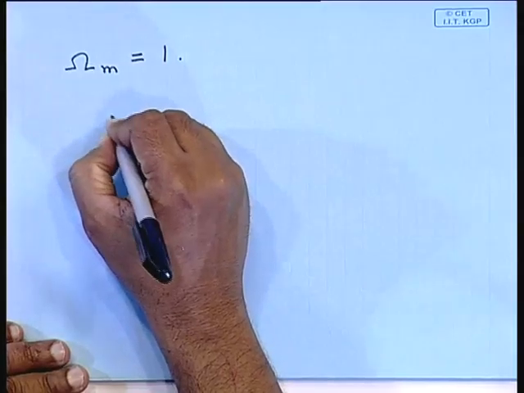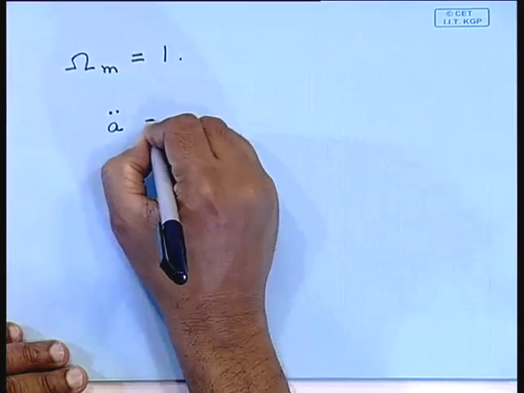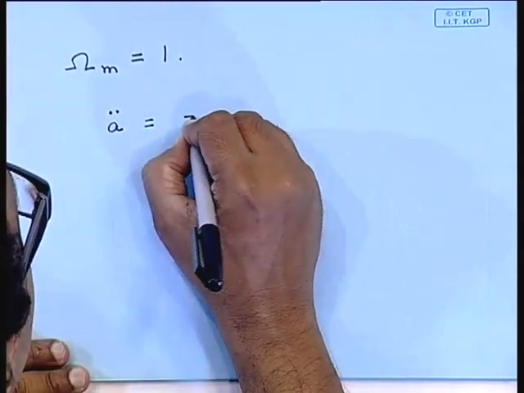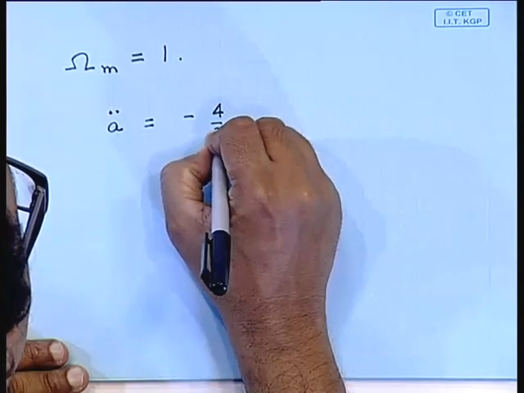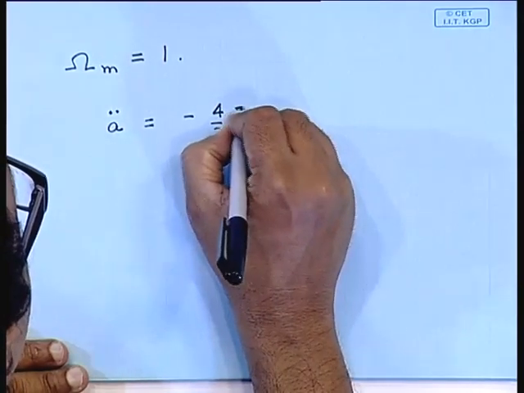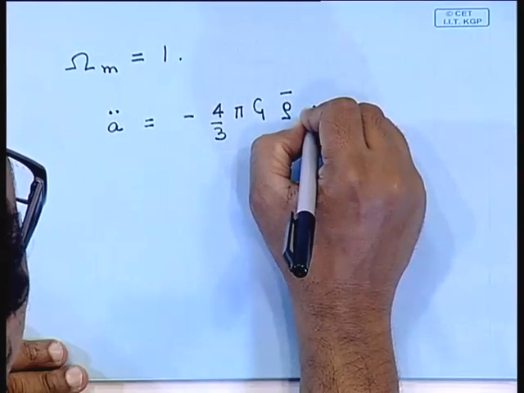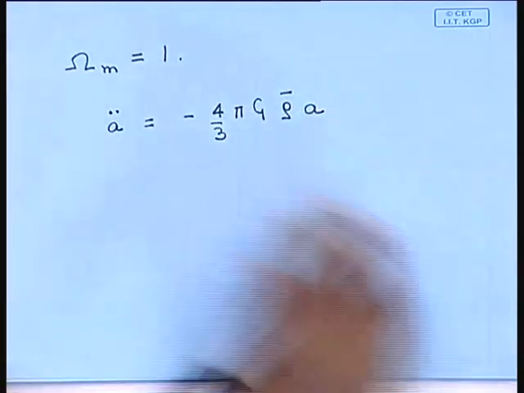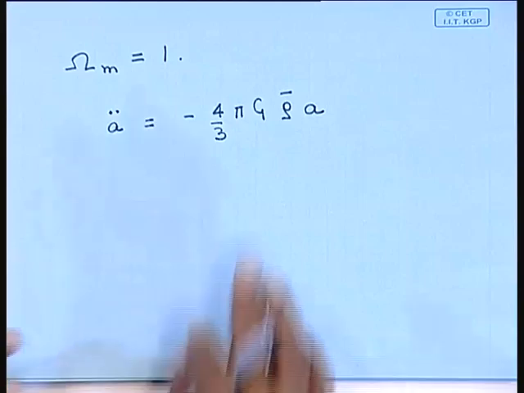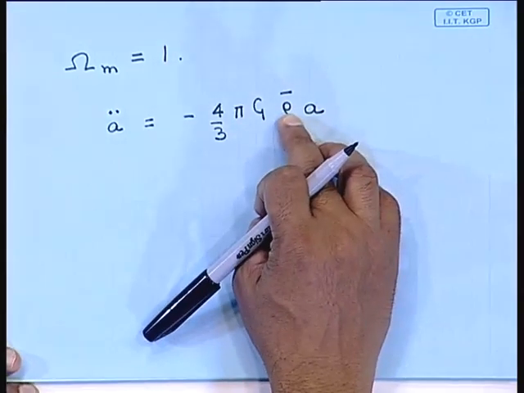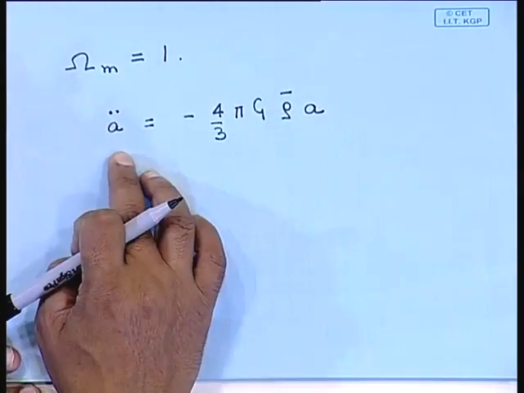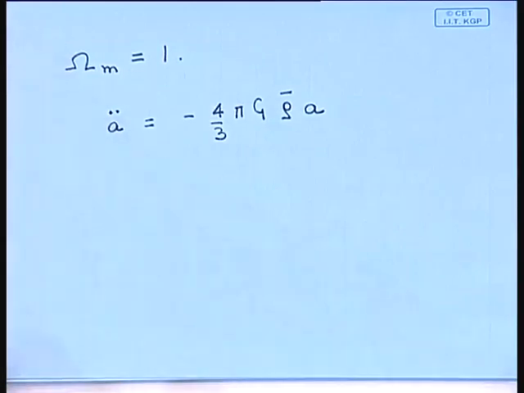Let us first write down the equation governing the scale factor. A double dot is equal to minus 4/3 pi G rho bar A. There is no cosmological constant. So it is the matter which contributes completely to the A double dot.